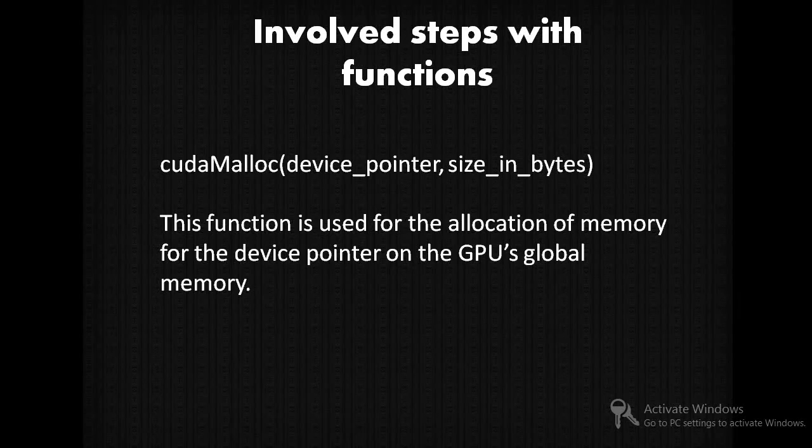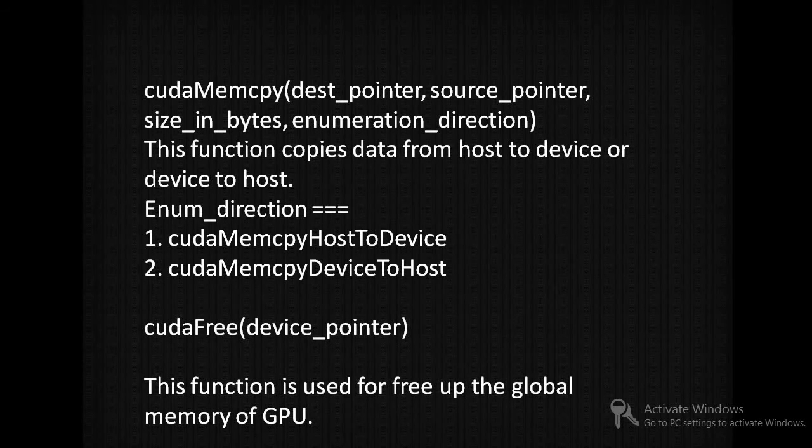Host and device both cannot see each other's RAM, so we need to copy data from host to device and device to host. And for this, we use cudaMemcpy. This function copies data from host to device or device to host. This function contains 4 arguments: destination pointer, source pointer, size in bytes, and enumeration direction.